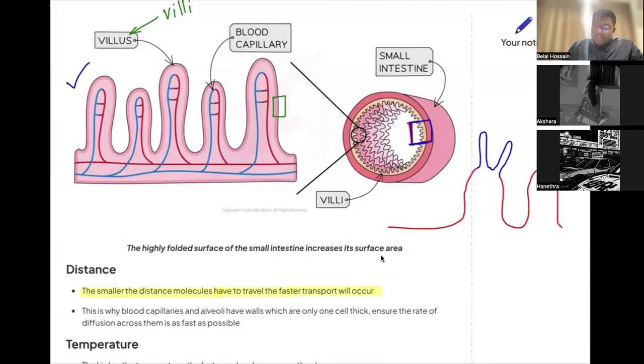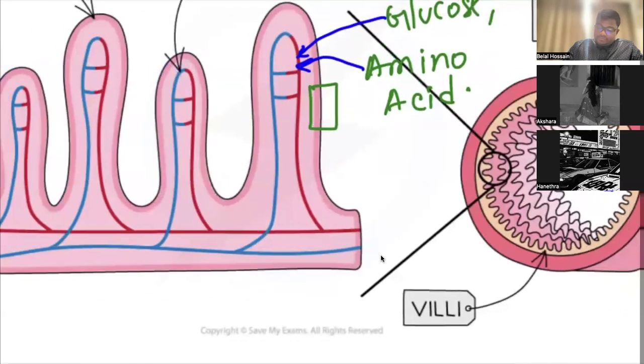So if any nutrient molecules like glucose and amino acids are just right outside, they will be taken into the blood by means of diffusion. Once taken into the blood, the blood is continuously flowing, so the blood will carry it away from there.